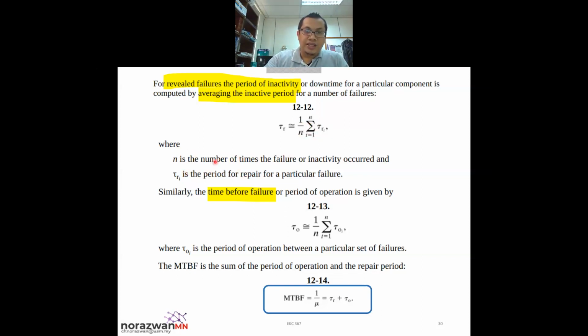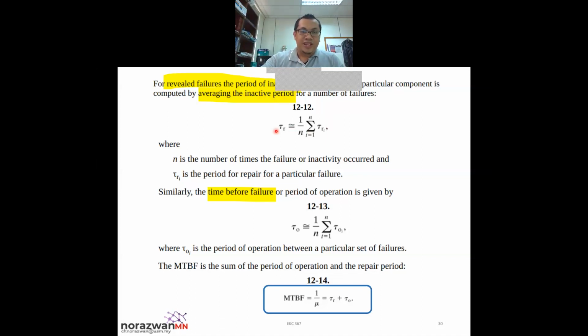What is n? N is the number of times the failure or inactivity occurred, meaning how many times the process or component broke down. So you try to find the average of this inactive or downtime period.